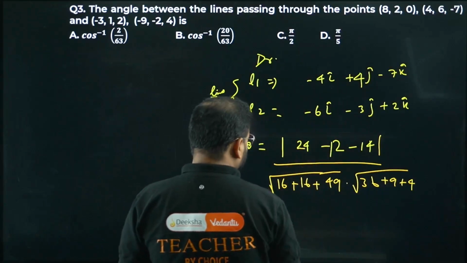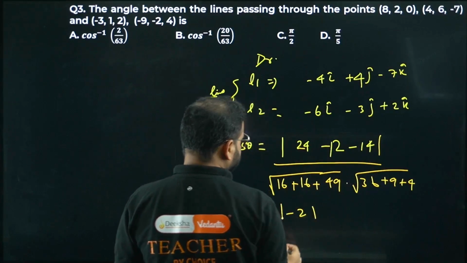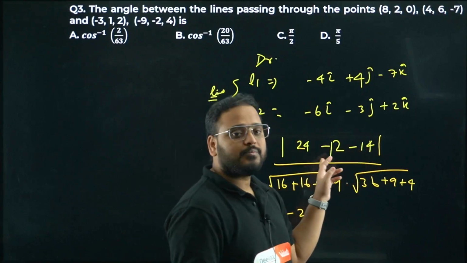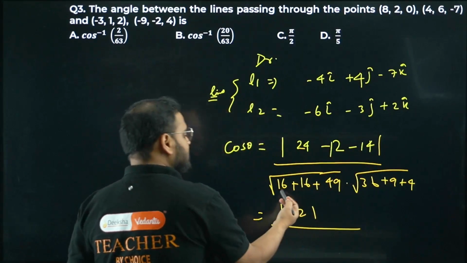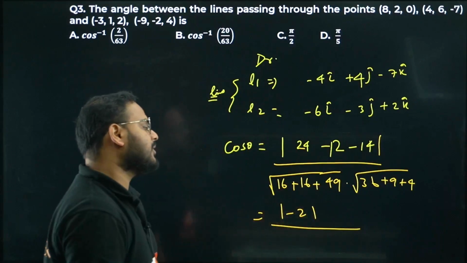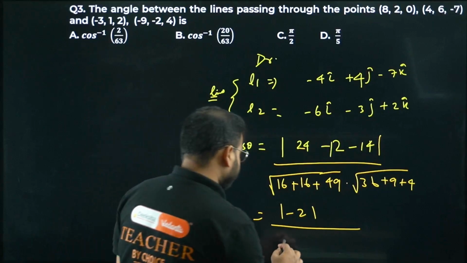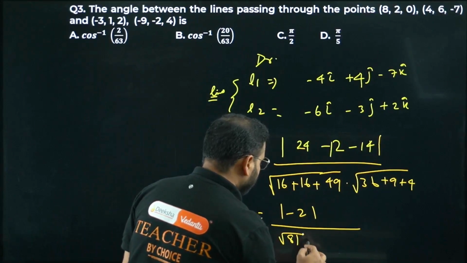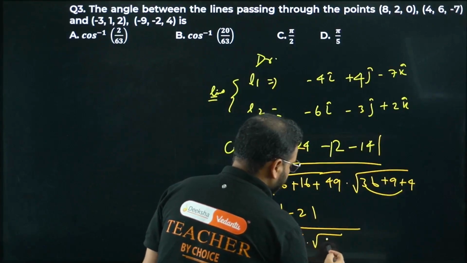Please check here. The numerator is coming out to be 24 minus 26, so it will become the modulus of minus 2. Divided by what I have: 16 plus 16 is 32, 32 plus 49 is 81. So root of 81 into 49.